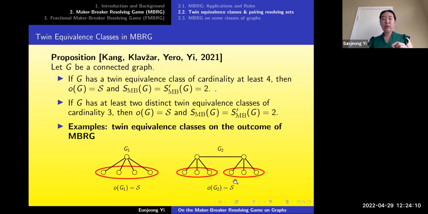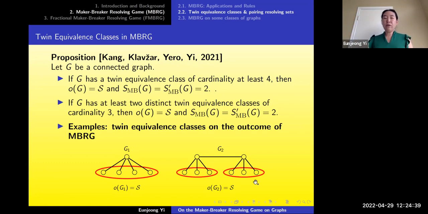Now in the second one, there are 2 distinct twin equivalence classes, each of cardinality at least 3, let's say 3. For the first red circle, you have to occupy 2 vertices to form a resolving set. From the other, you also have to occupy 2 vertices to form a resolving set. The spoiler is guaranteed to pick 2 vertices after the second round, either from the first 3 vertices or the second 3 vertices.